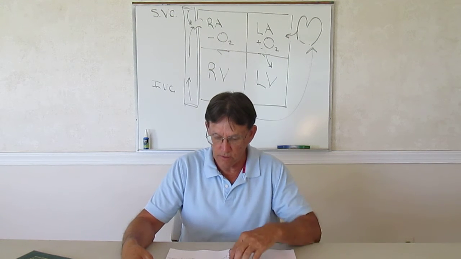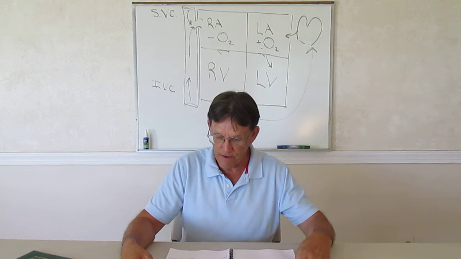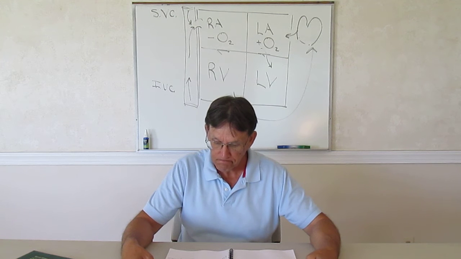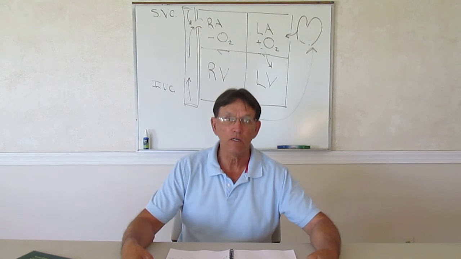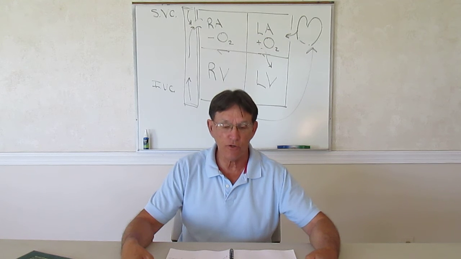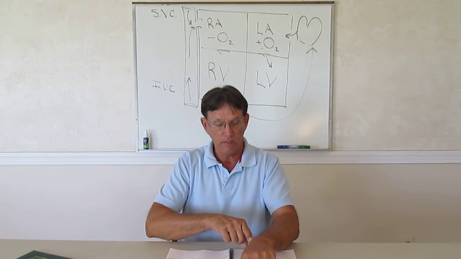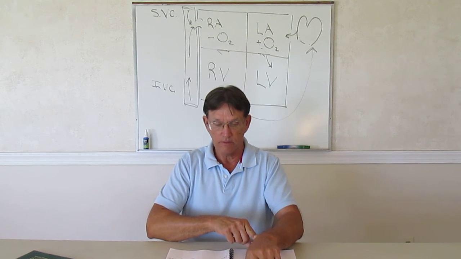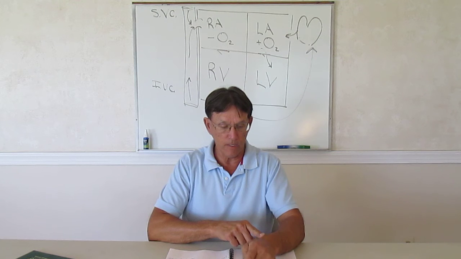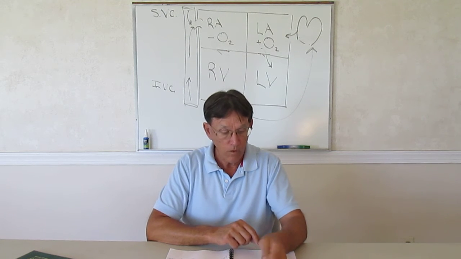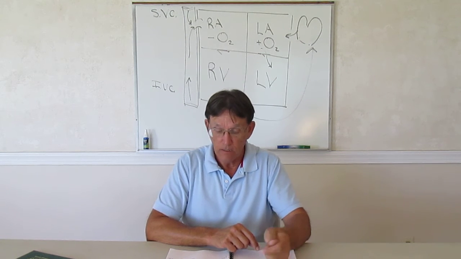Number 2, list 2 vascular access devices. Well, they're in your book. 4 or 5 mentioned a heparin lock, which is typically inserted into a peripheral vein, very often called a catheter, or just simply an IV.